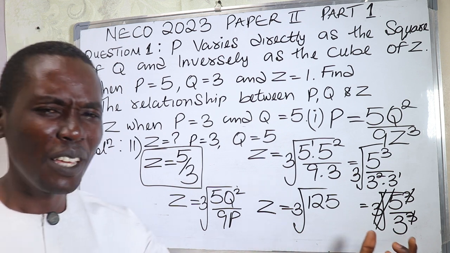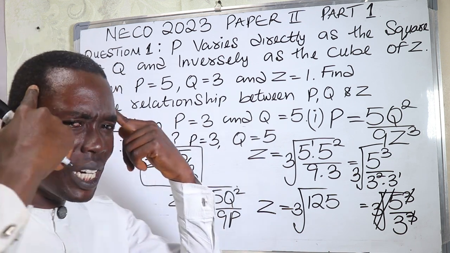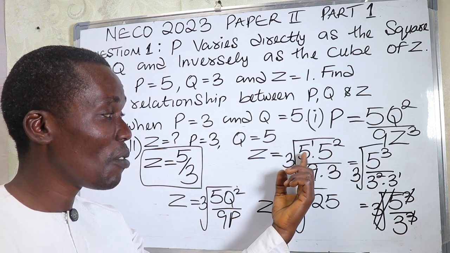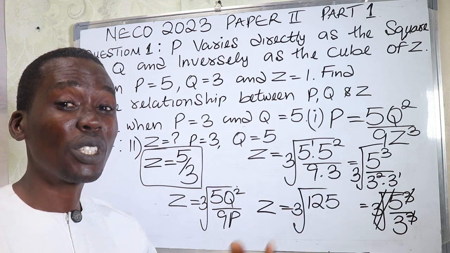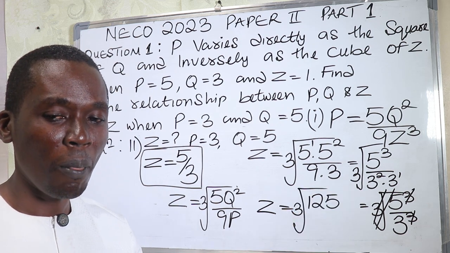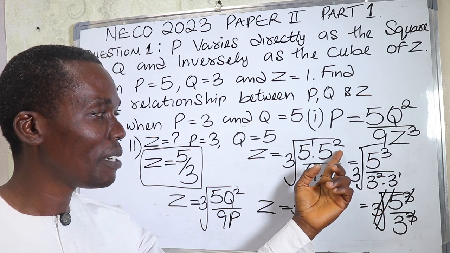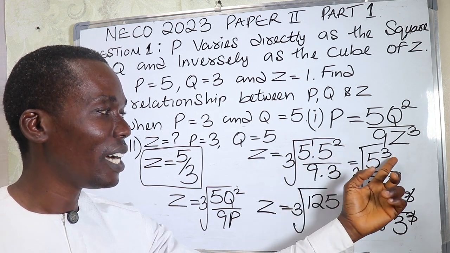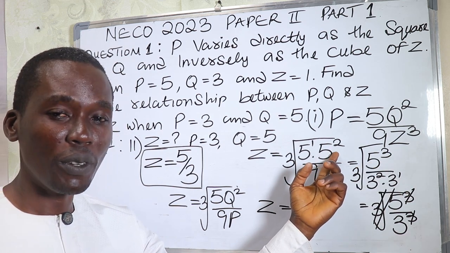So you see, in mathematics you need to use your logical thinking and reasoning. Somebody can start doing 5 multiplied by 25, 9 multiplied by 3, and you start wasting a whole lot of time. But with this, you can easily make this. You know that we have three 5s here, and according to the law of indices, you have 5 to the power of 3. That is the multiplication law of indices.